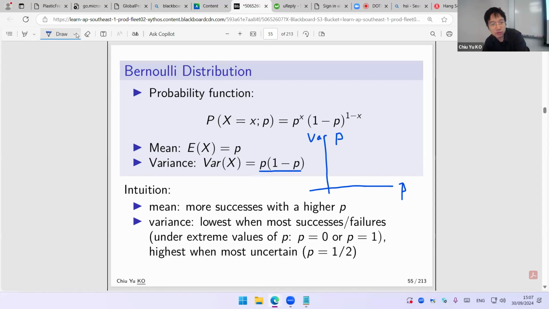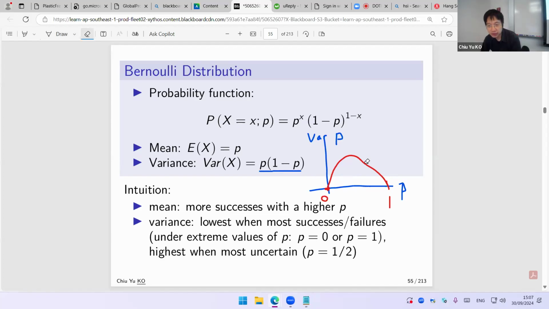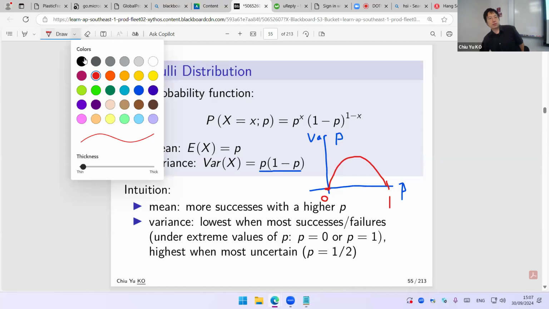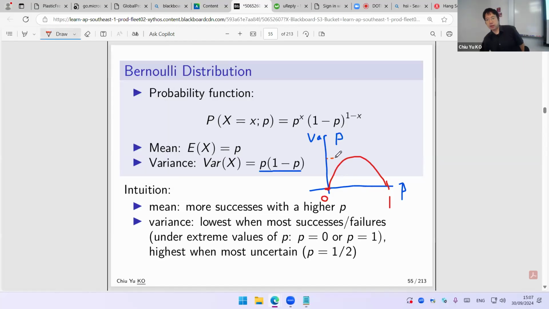This one would be like this. 0, 1. Oh, I'm not doing good at this. Let me do it again. It is this shape, and 1/2 is here, and this is 1/4.